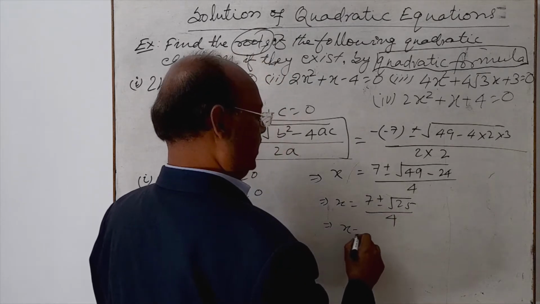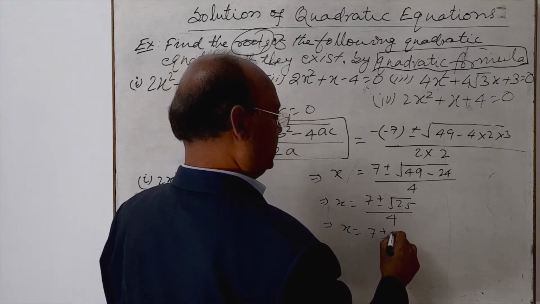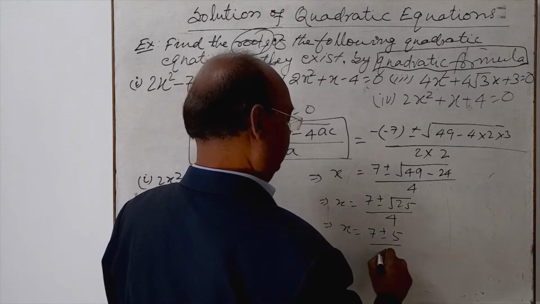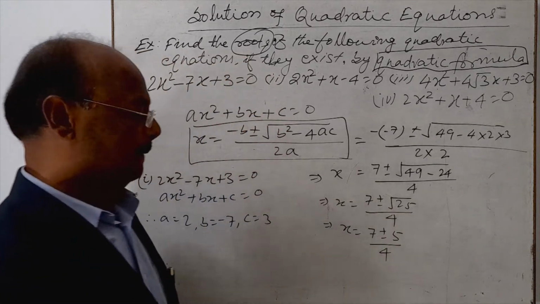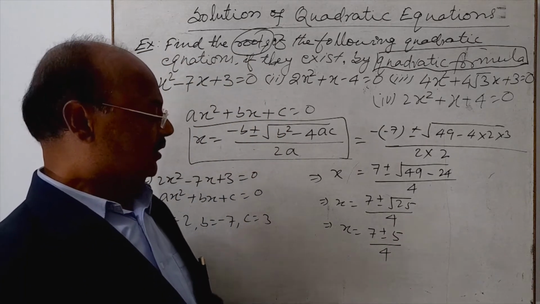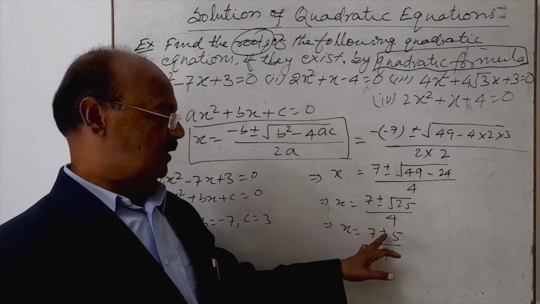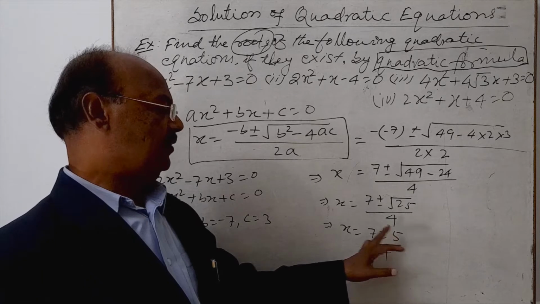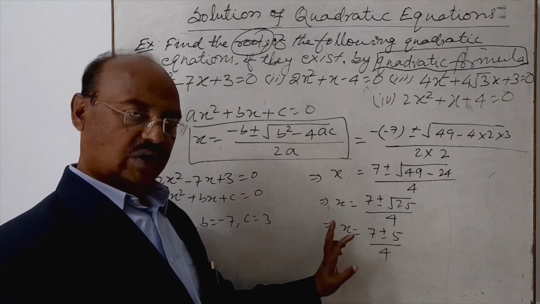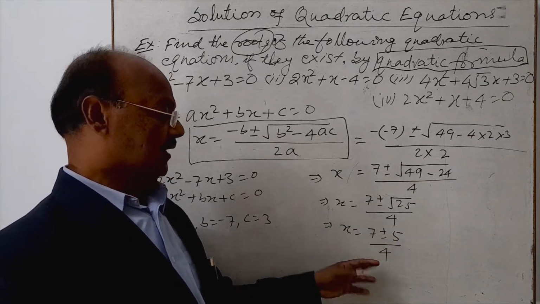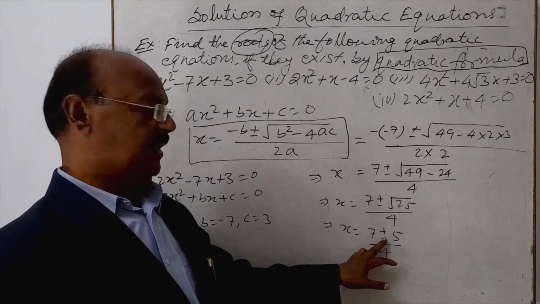So we are getting x is equal to 7 plus minus 5, divided by 4. Correct? So you will get two values of x. When you take the plus sign, 7 plus 5, you will get one value of x, one root, one solution, and another when you take the minus sign.